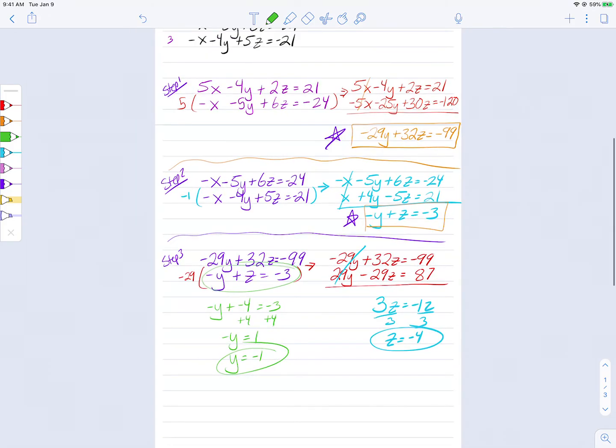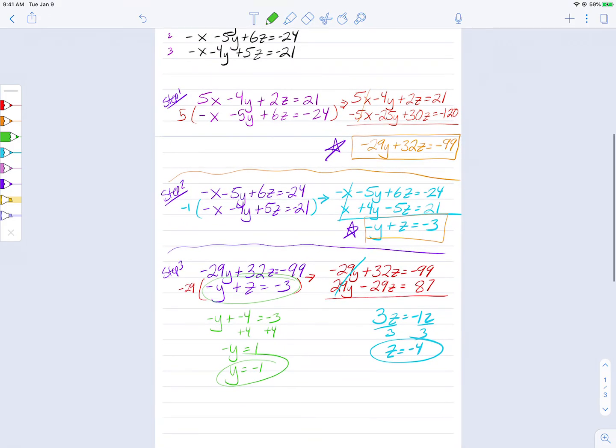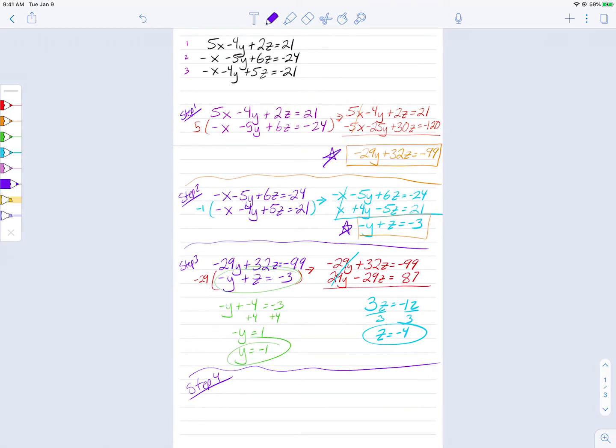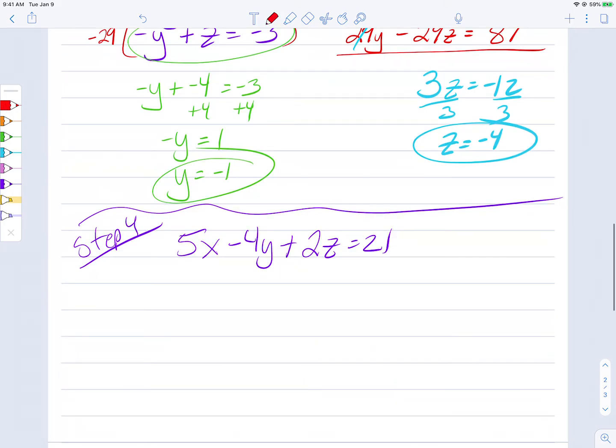To find the very last answer, all I have to do is plug those two answers into any of the original equations and solve for the last variable. So let's just say I wanted to use our top equation of 5x minus 4y plus 2z equals 21. Does not matter which one.